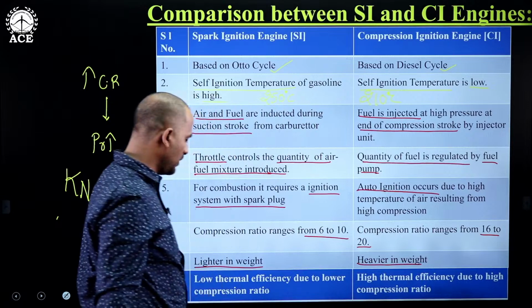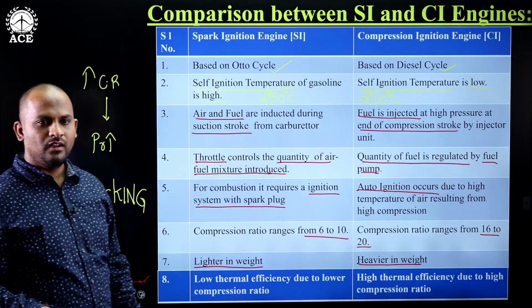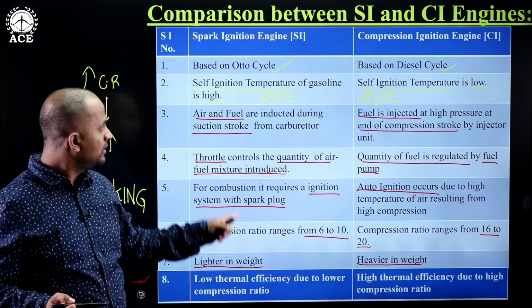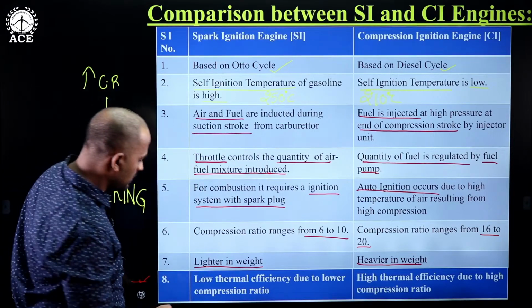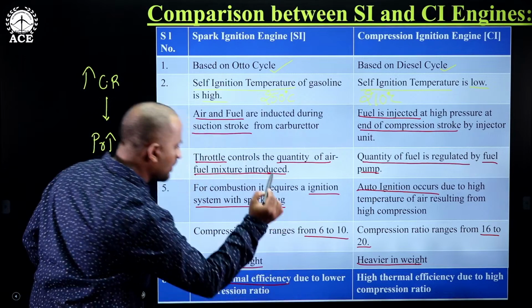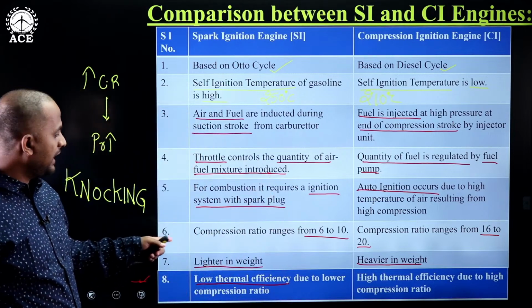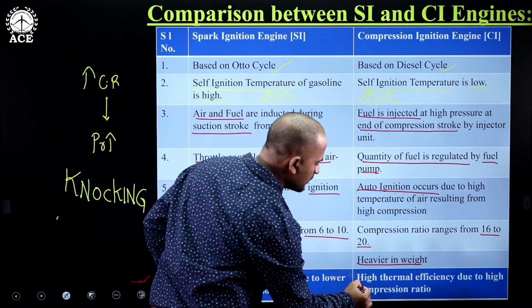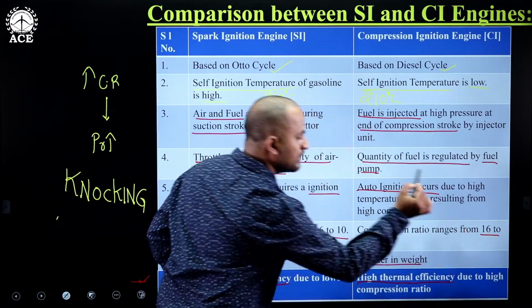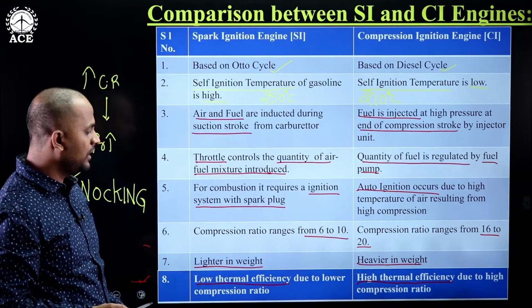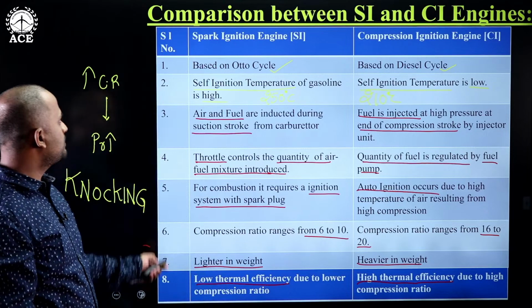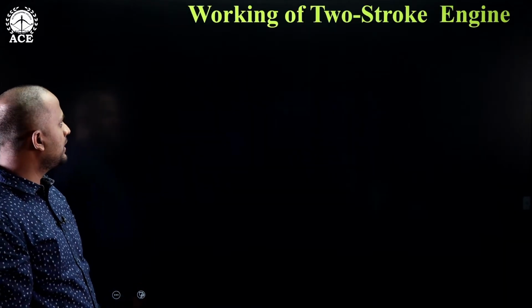There will also be thermal efficiencies: low thermal efficiency for the SI engine because of the lower compression ratio, whereas because of the high compression ratios there will be high thermal efficiencies. These are the major differences between the spark ignition engine and the compression ignition engine.